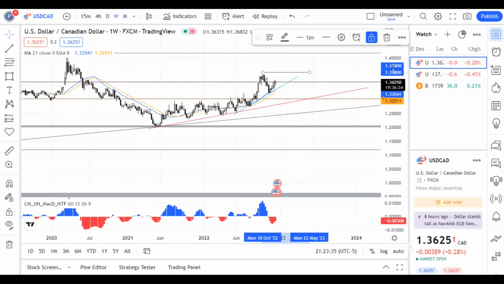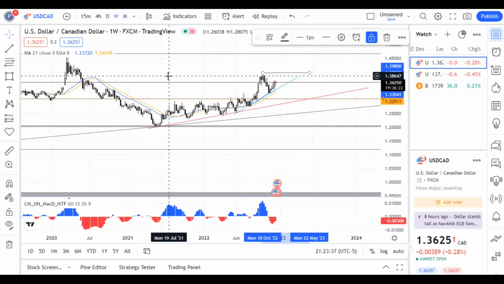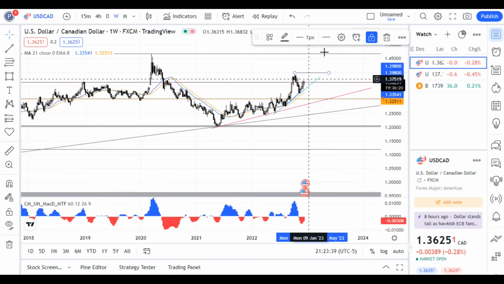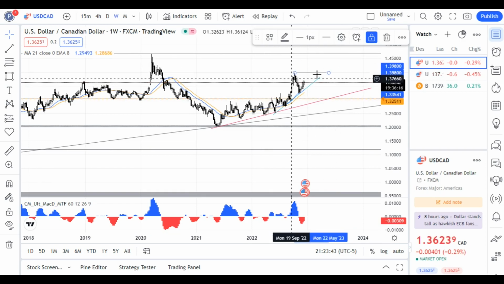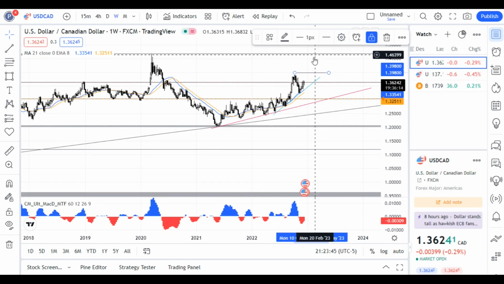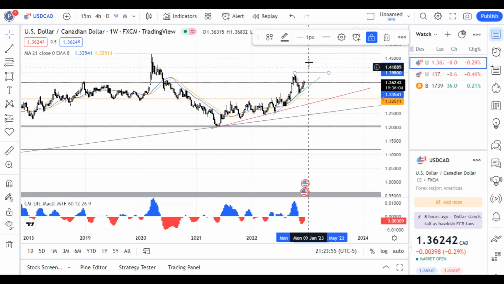If not, we just stick to our method for safe trading. Exercise patience, put the USD CAD somewhere, wait until it reaches this level. If it gives you any candlestick pattern that matches your confluences, then you can enter a trade here as well.